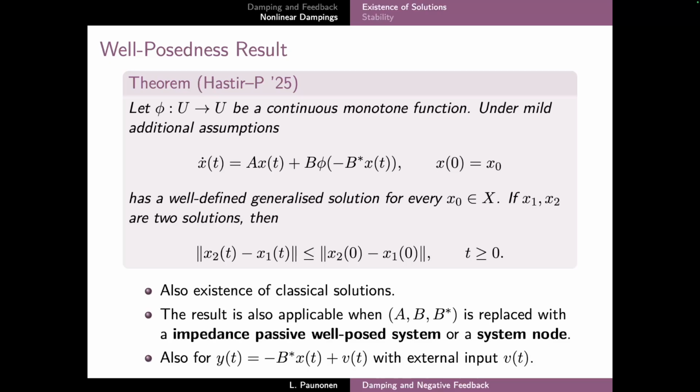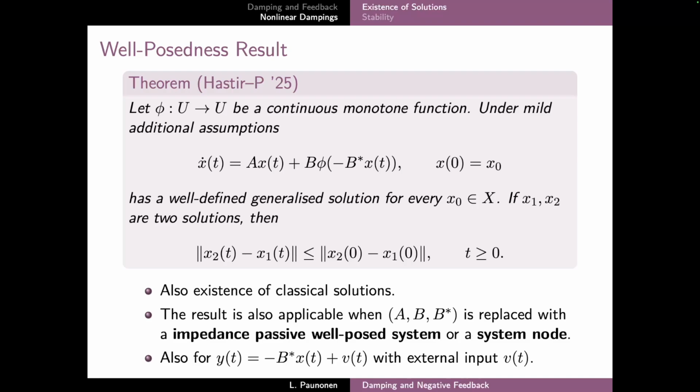The full version of our result also guarantees existence of classical solutions for suitable initial data, and it's also valid for so-called impedance-passive well-posed systems and system nodes. And finally, we also have a separate result with slightly stronger assumptions on phi, which allow us to also include an external input in our system, acting through the nonlinearity phi.